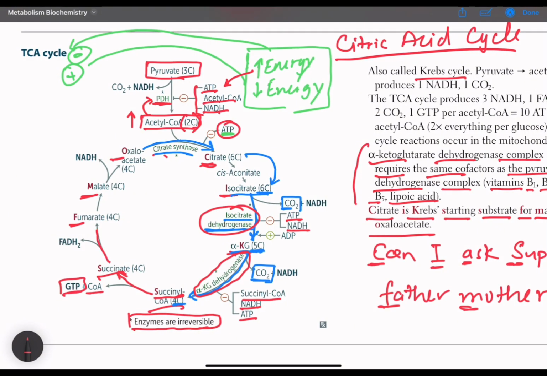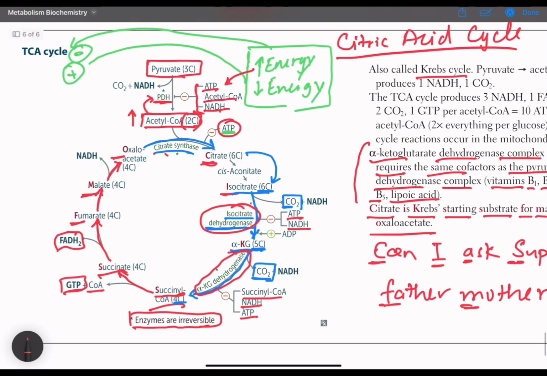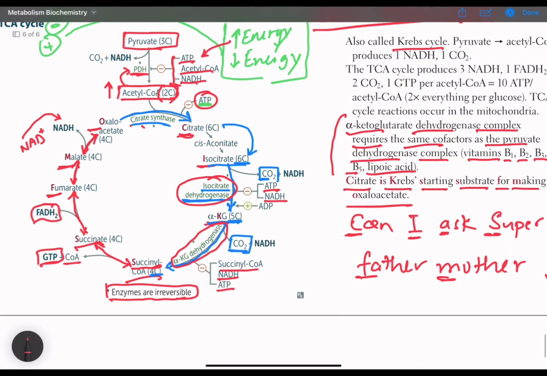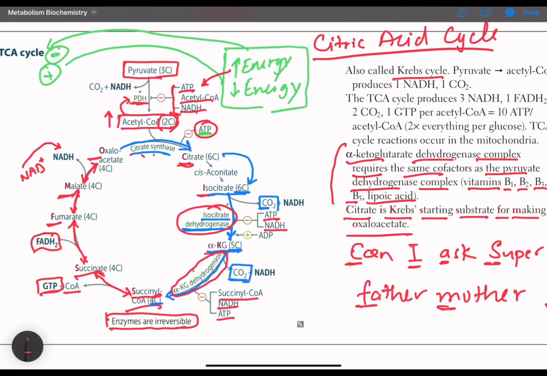Succinate is converted into fumarate and FADH2 is released. Fumarate can be converted into malate, and malate can be converted into oxaloacetate. These are all reversible reactions. In the conversion of malate into oxaloacetate, NAD plus is converted into NADH. And if we look at the activators, the low energy states activate it.